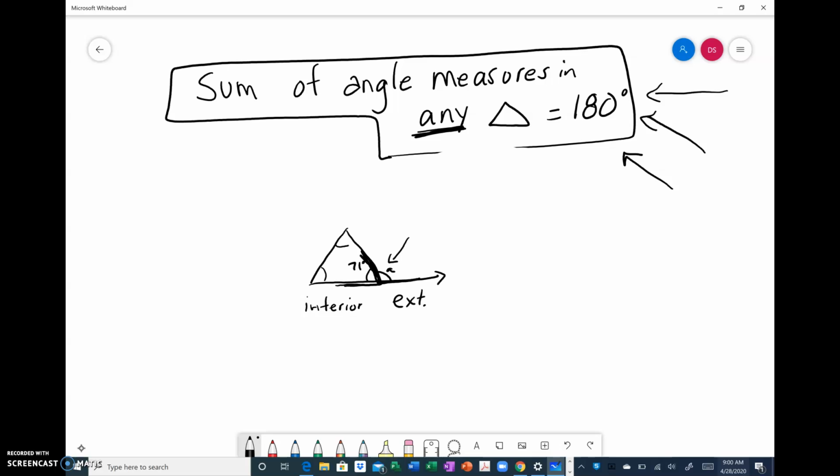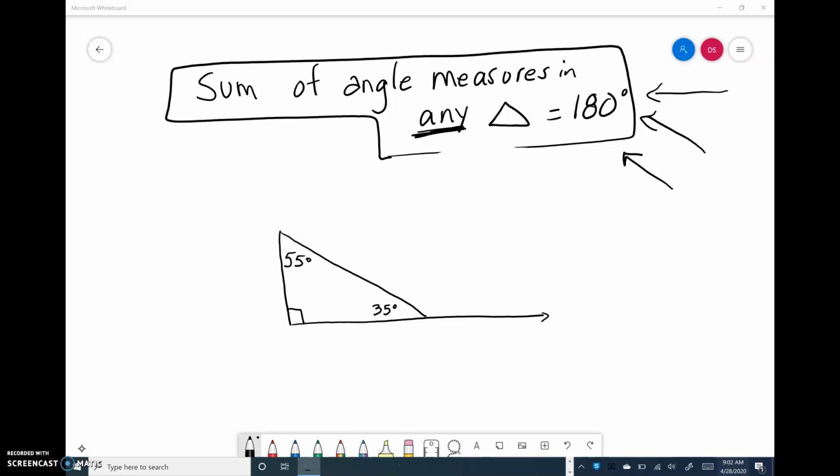What is it? It's supplementary because those 2 angles combined make a straight angle of 180 degrees. So you would be able to say 71 plus A is 180, and then you would find that A is 109 degrees.